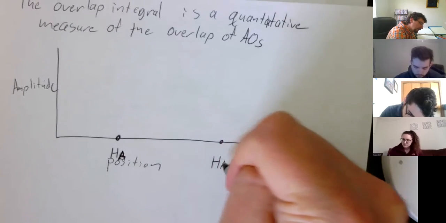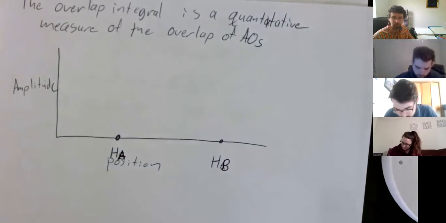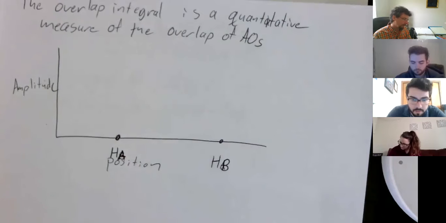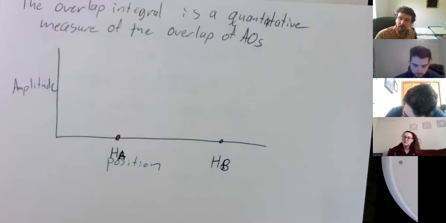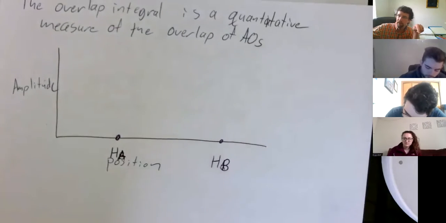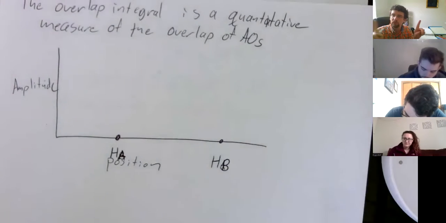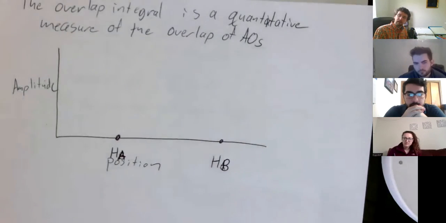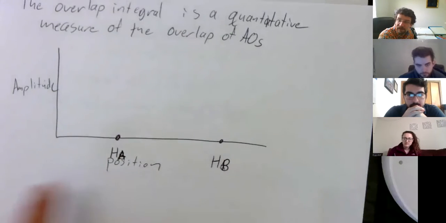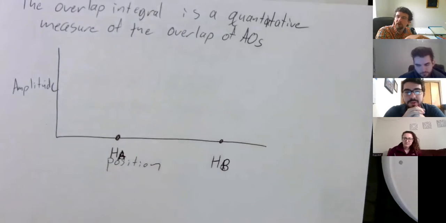We have the nuclei HA and HB. Does anybody know what the atomic orbitals are going to look like if I just plot their amplitude as I move in the X direction? We are just moving through space.